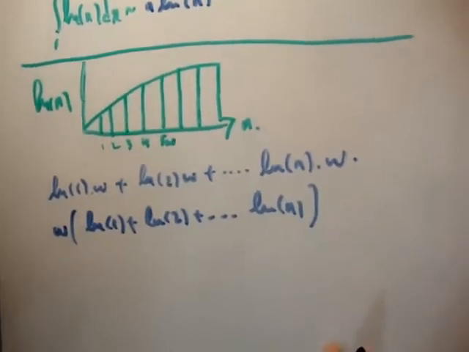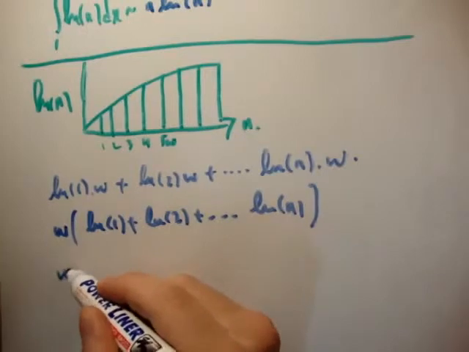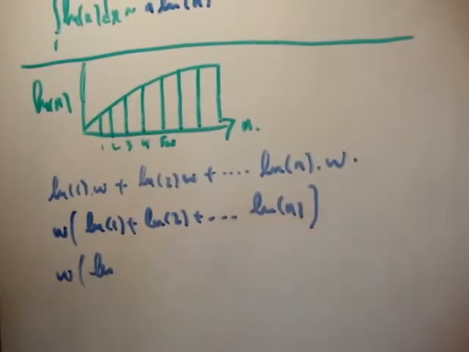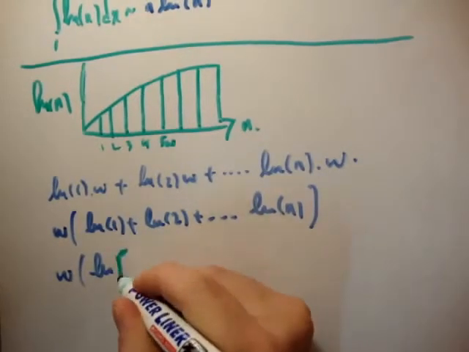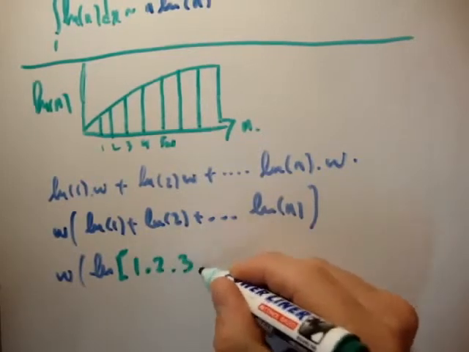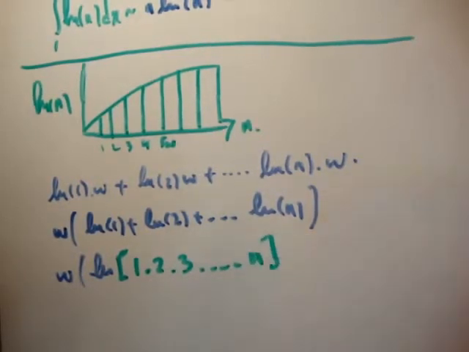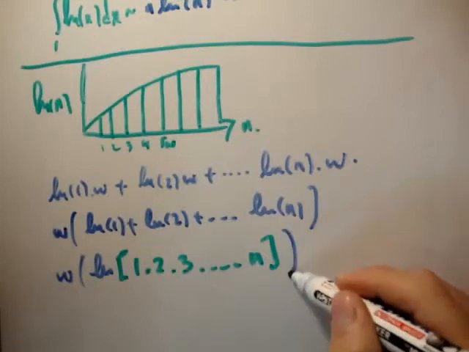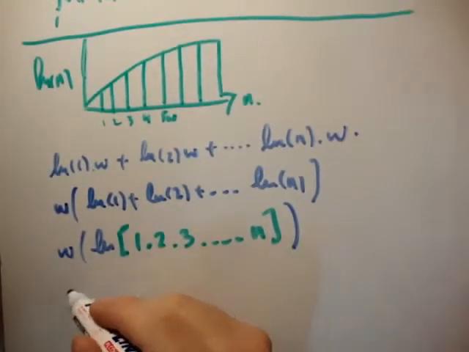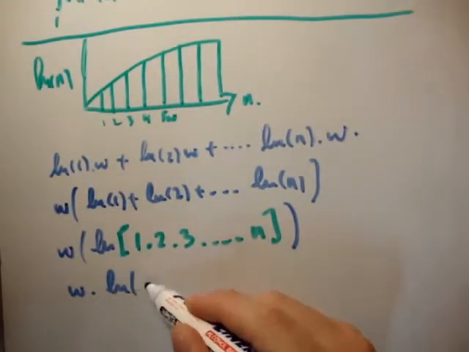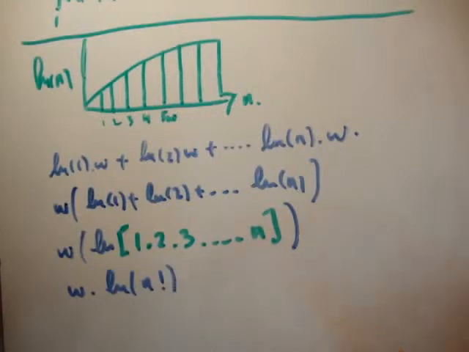Knowing your rules of logarithms, if you add natural logarithms, it's the same as multiplying them inside one particular logarithm. So this is w outside of the logarithm of 1 times 2 times 3, the whole way up to n. Well, what's that? None other than the factorial, so w times the natural logarithm of n factorial, where w is the width of the block of the approximation.